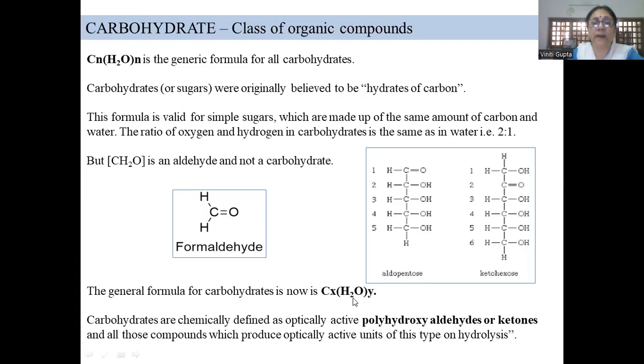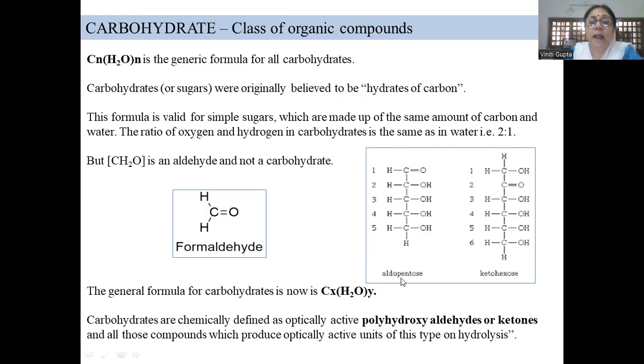The important factor here is that the ratio of oxygen to hydrogen in carbohydrates is the same as in water. That does not change.